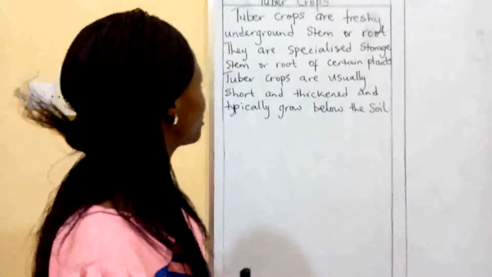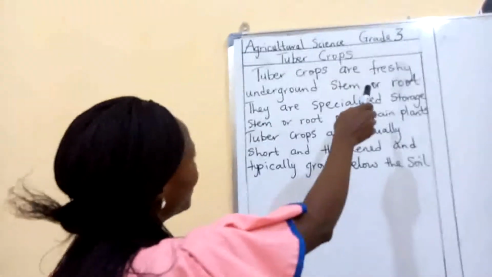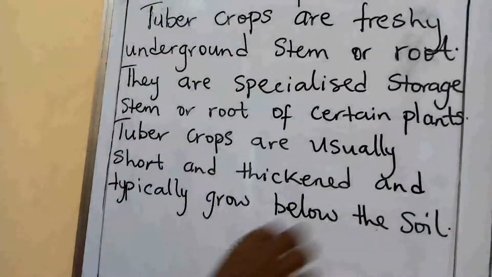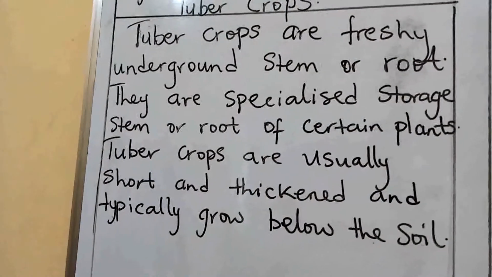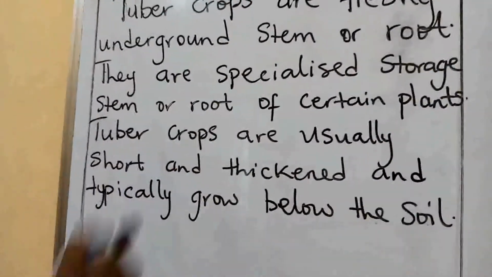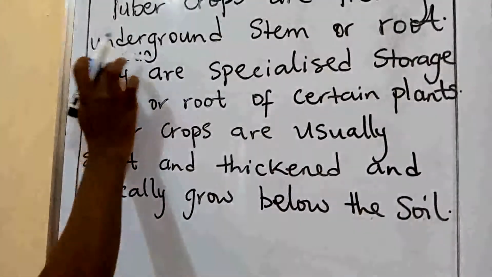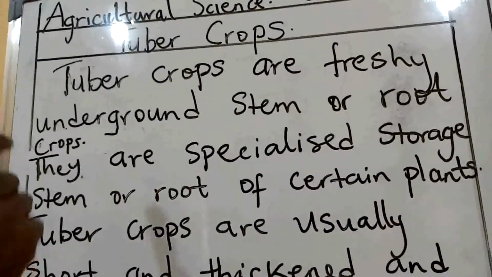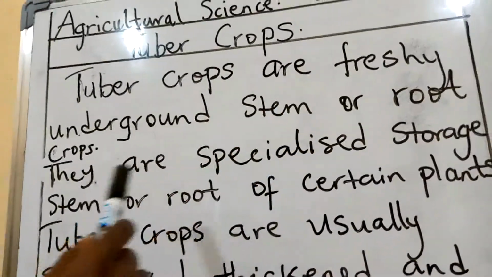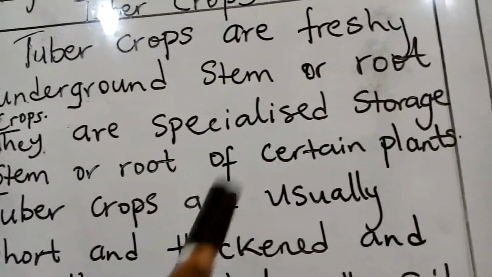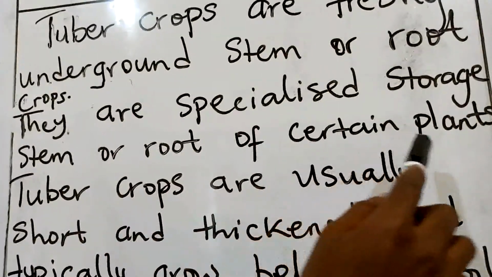Now let's look at the definition of tuber crops. Still on tuber crops, we say tuber crops are fleshy on the ground stem or root crops. They are specialized storage stem or root of certain plants.